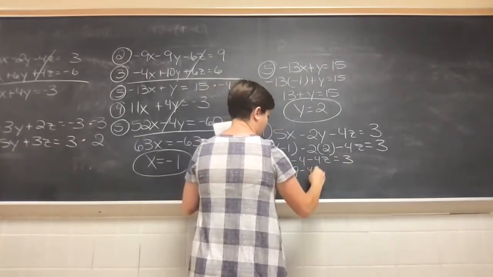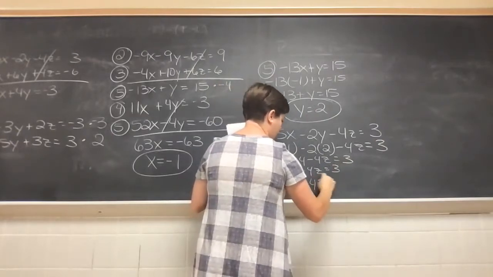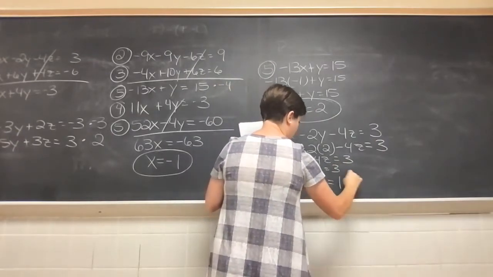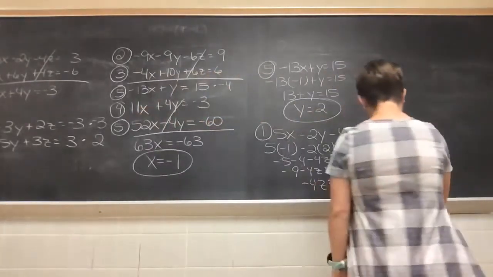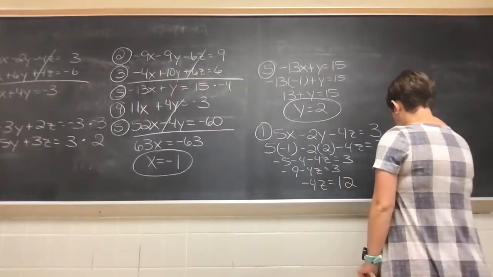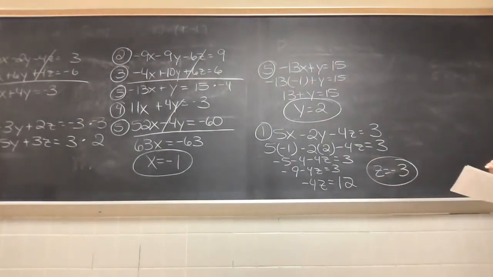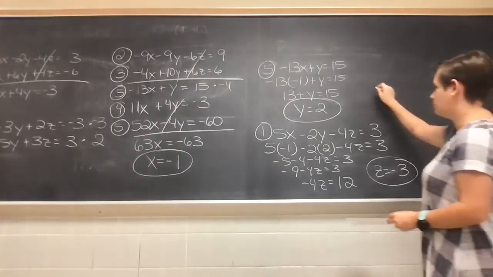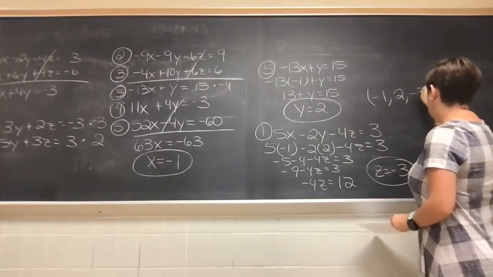Negative 9 minus 4z equals 3. Add the 9 over. Negative 4z equals 12. I'm going to divide both sides by the negative 4, and I get z equals a negative 3. Then I can write my ordered triple of negative 1, 2, negative 3.